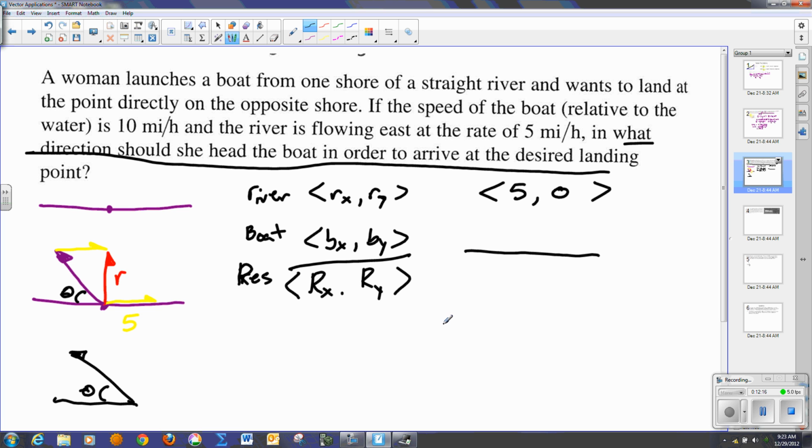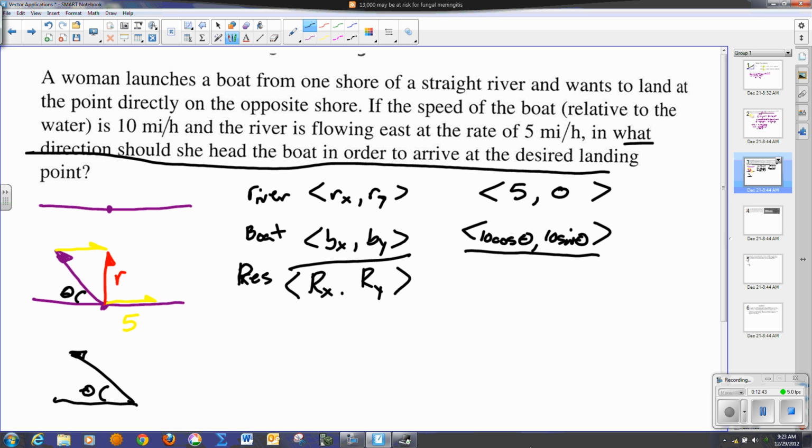To find whatever the boat x and y components are, I'd have to actually use the magnitude, which I do know, 10 times cosine of some theta, which I don't know, and 10 times sine of some theta, which I don't know.